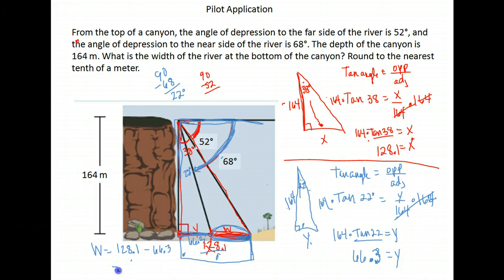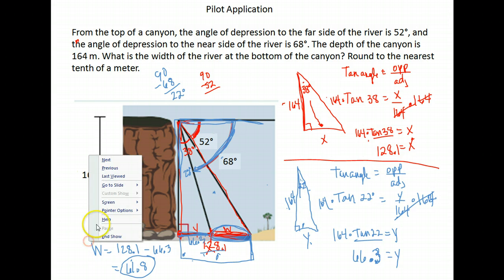When I do that, I get 61.8 is the width of my river, 61.8 meters. So we had to do two different problems with triangles and then subtract the length of their bottoms to find the difference, which was our distance across the river.